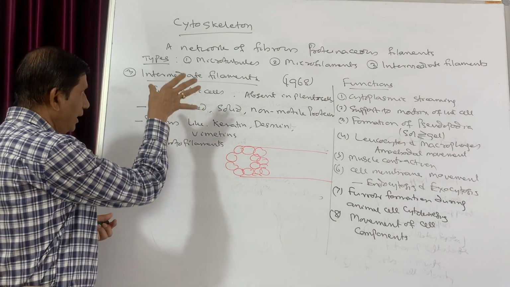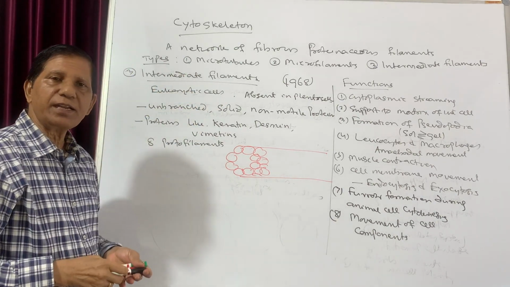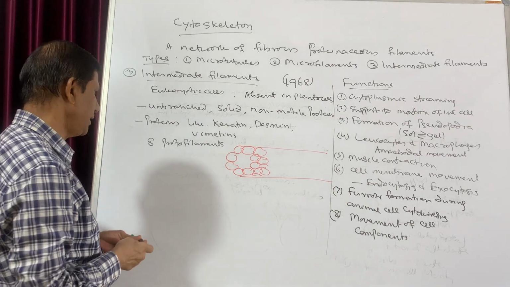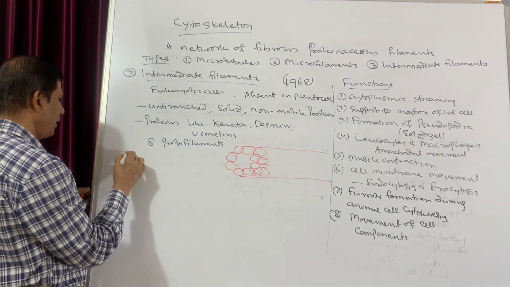Now, this intermediate filament is of 5 different types, depending upon what type of protein it is.